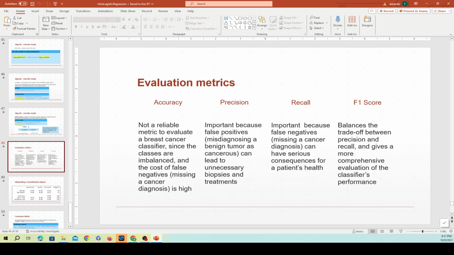The recall is important because false negatives, missing a cancer diagnosis, can have serious consequences for patient health. And the F1 score balances the trade-off between the precision and the recall, and gives a more comprehensive evaluation of the classifier performance. It takes the best of both the precision and the recall.